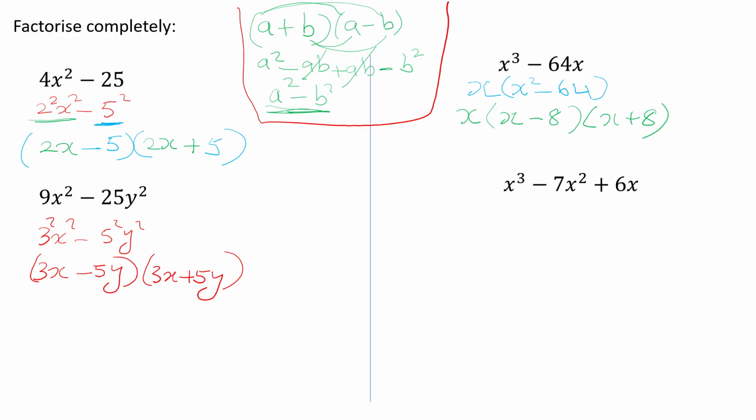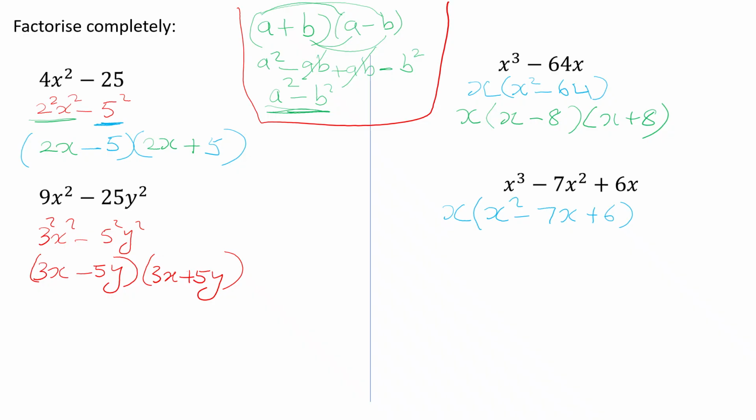x cubed minus 7x squared plus 6x. So all these three terms, x is the common factor. So I'm going to take out x outside. So x squared minus 7x plus 6. Now inside the bracket, quadratic.